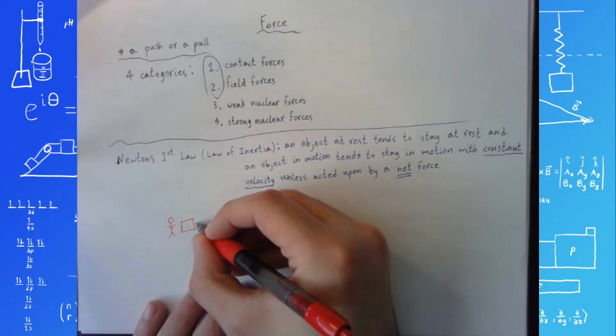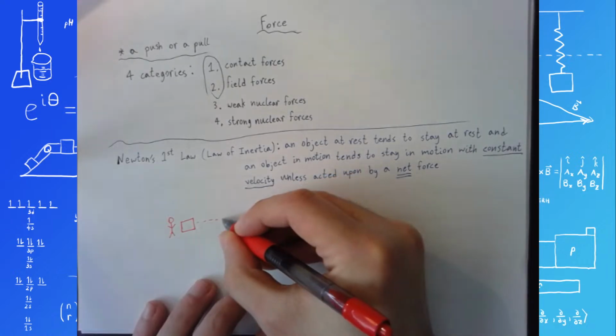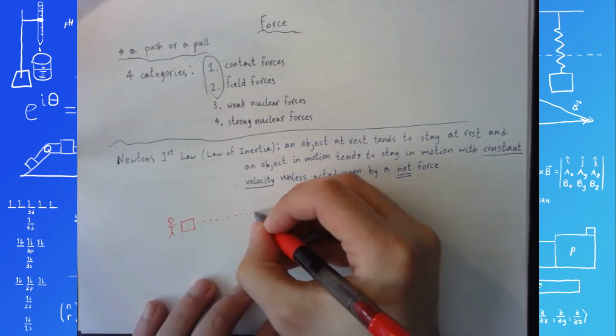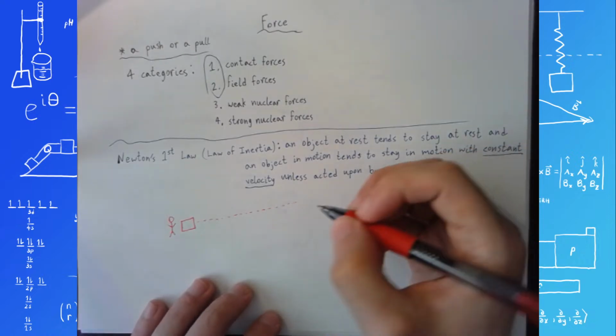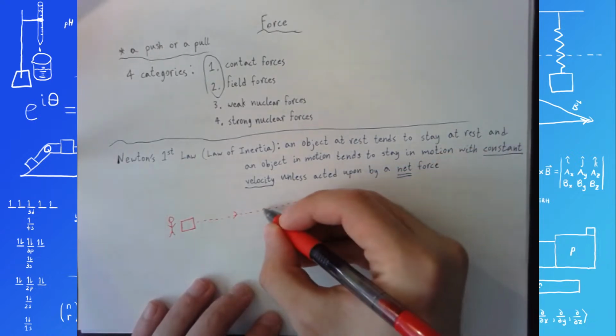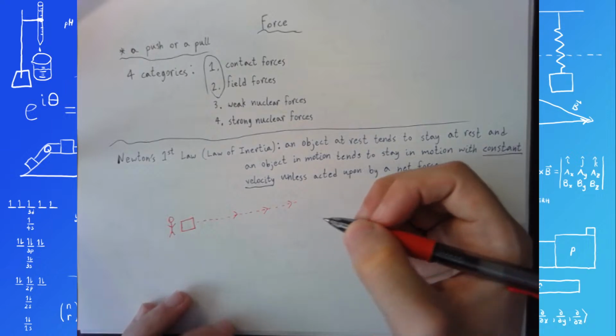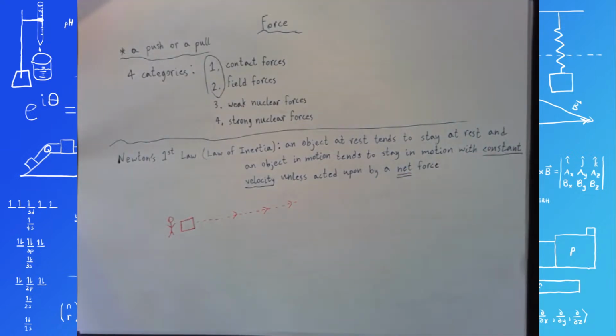And the box floats off into space, and it just continues in a straight line forever, unless it encounters like a planet or an asteroid or something with some sort of gravitational pull, or if it crashes into some other solid object on the way. But otherwise, it's just going to float with a constant velocity because there's no force on it.